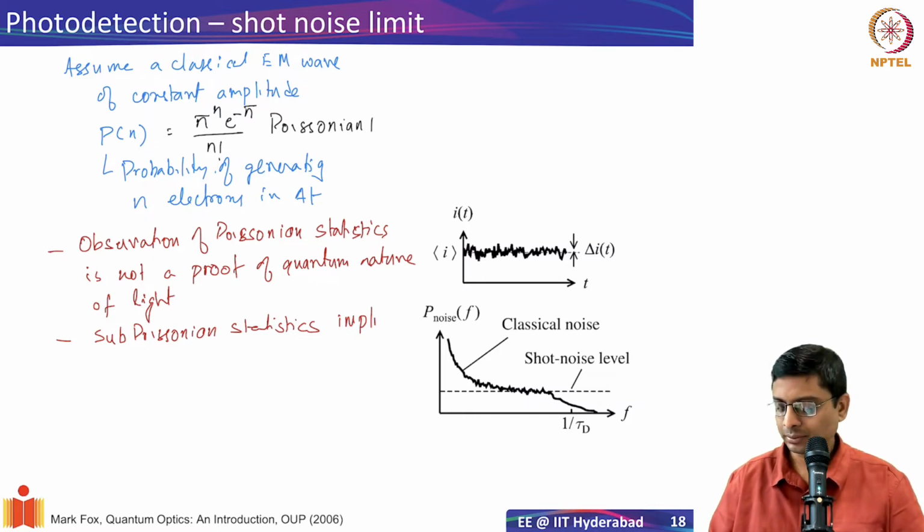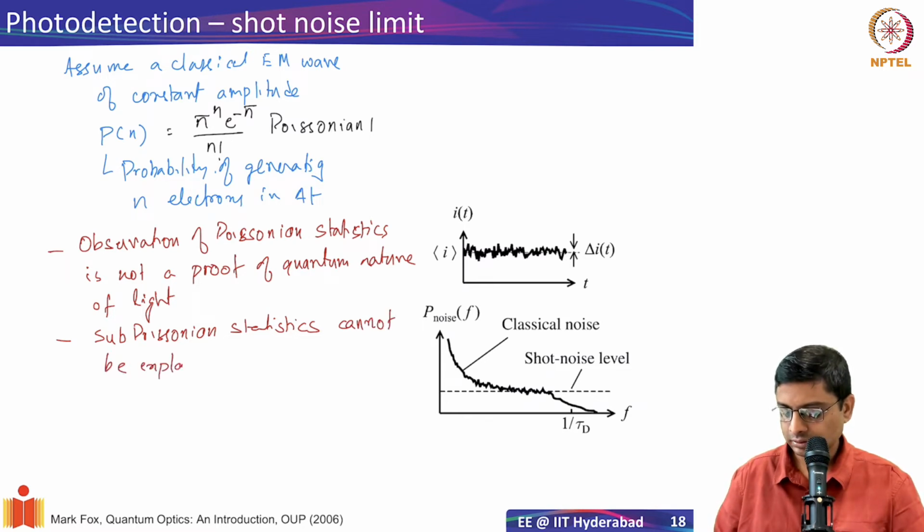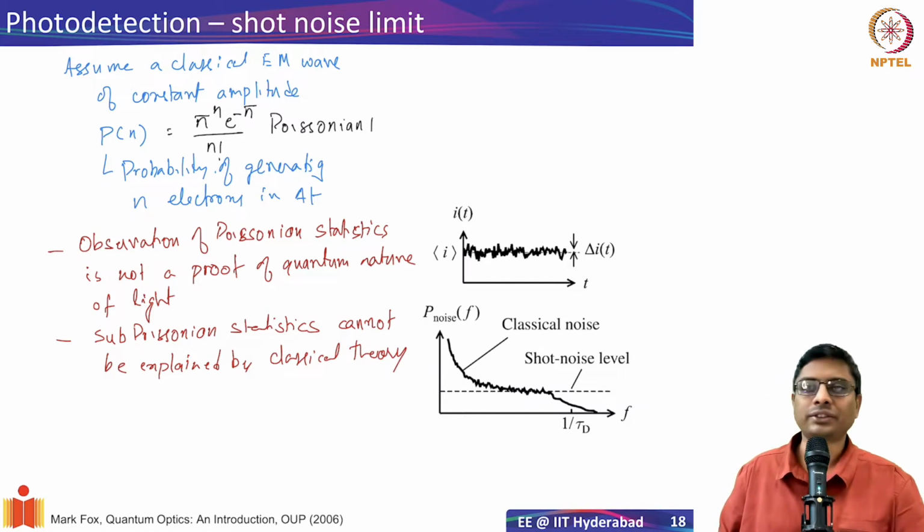Okay, so it cannot be explained by classical theories. So it is definitely a quantum phenomenon. It cannot be explained by classical theory. So if you observe that, it is very, very interesting.